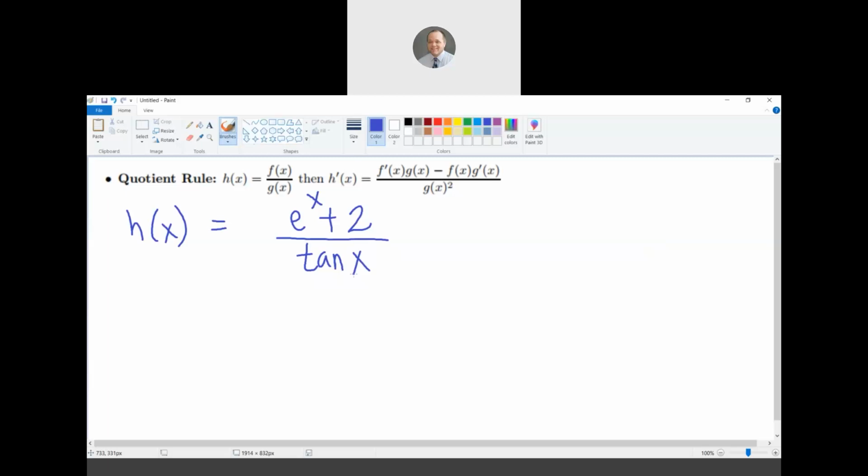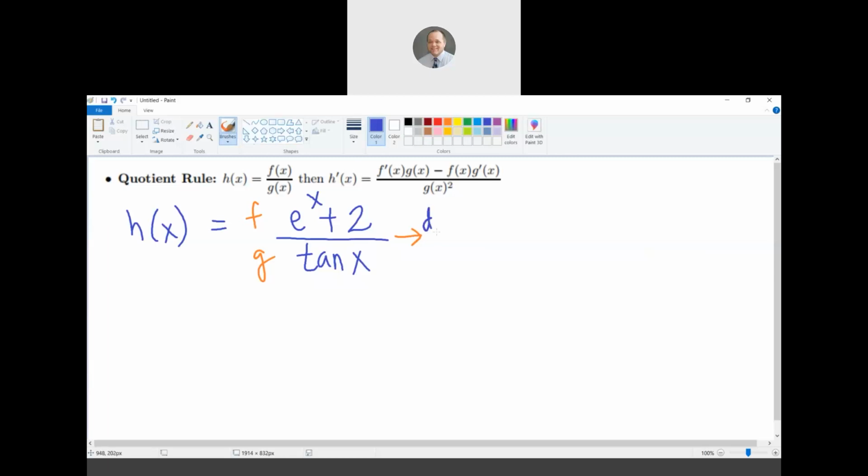Because we're given a fraction, let's use the quotient rule, in which your numerator is your f of x and your denominator is your g of x. All right, so let's plug everything into our quotient rule.